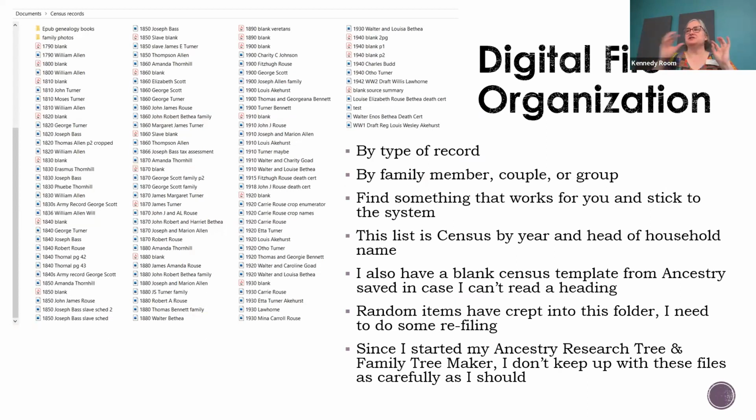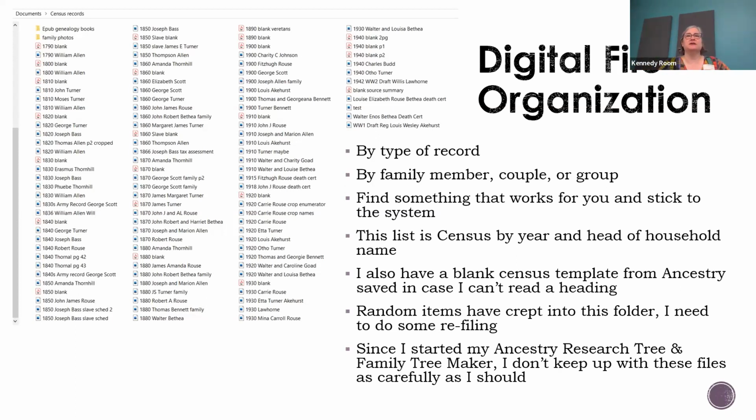I tend to save it to my tree and let the tree download it for me. But it can be helpful if I'm looking for an example of a 1860 census. 1960 won't be out for another decade. Then I can go to these files and pull an example of what I'm looking for.